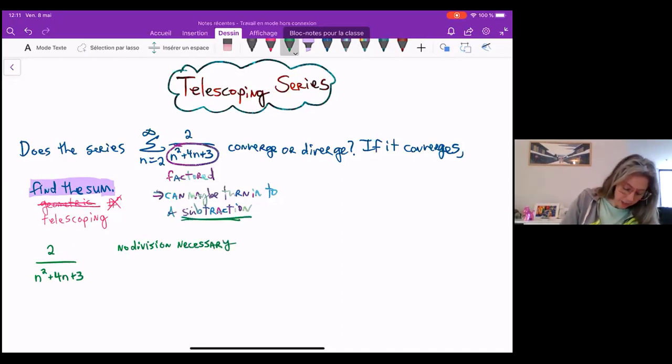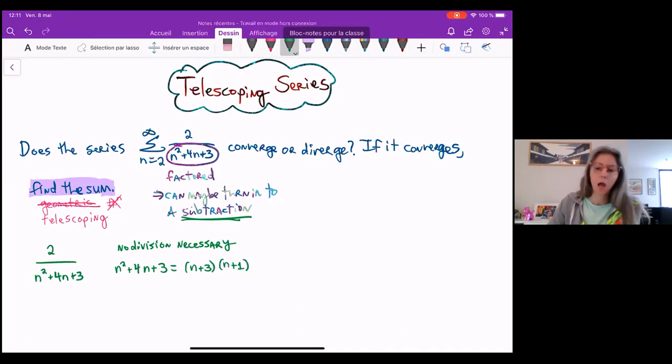So then our next step is to factor the denominator. n squared plus 4n plus 3 is equal to n plus 3 times n plus 1. Now we're going to create our partial fractions decomposition.